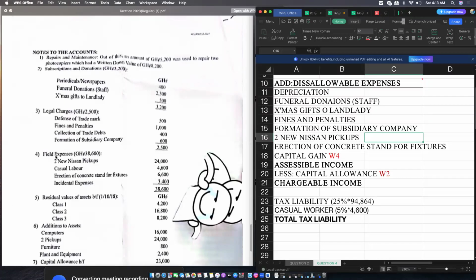Let's come to field expenses. 2 new Nissan pickups, 24,000. Casual labor. Erection of concrete stand or fixtures. Incidental expenses.